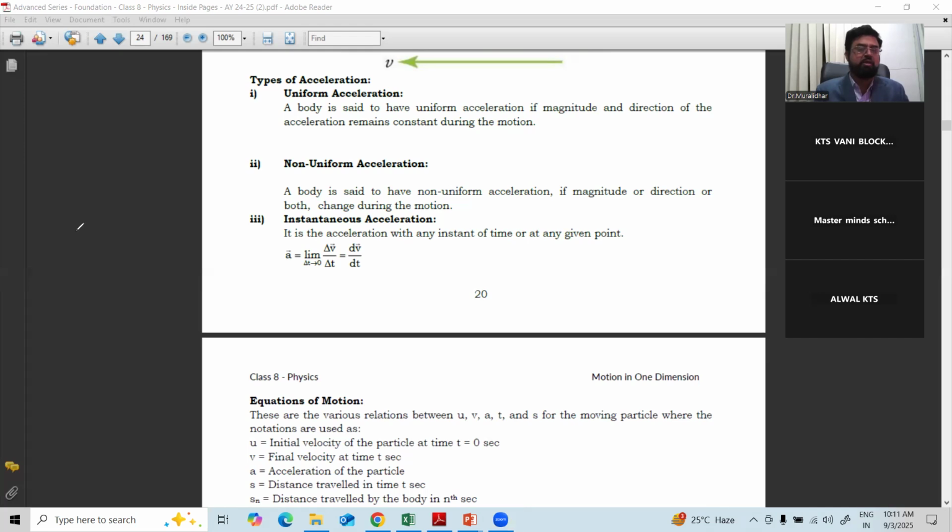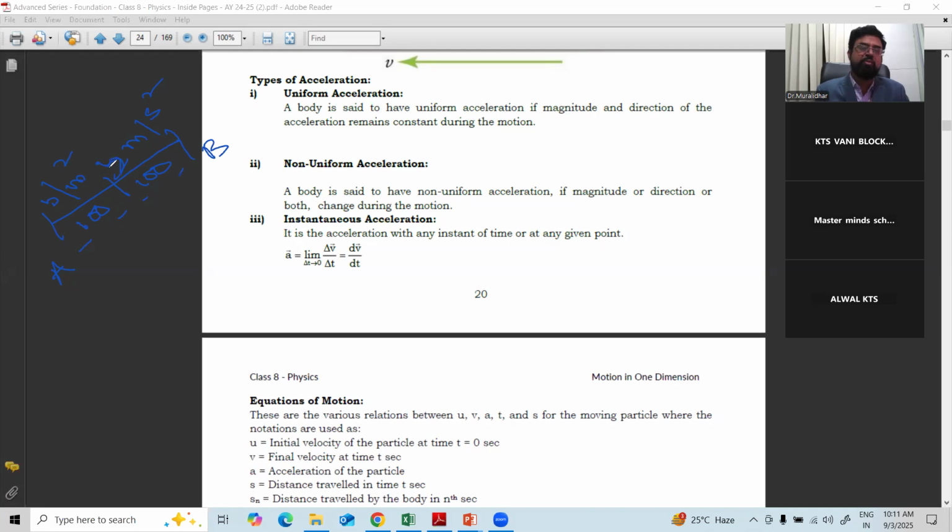For example, simple way: here to here you are going, A, B. Suppose two destinations, it is 100 meters. So acceleration here is 5 meters per second square. Here acceleration is 2 meters per second square. So you covered this distance in some time, and you covered this distance in more time because acceleration is less.